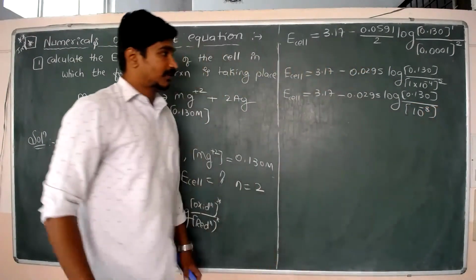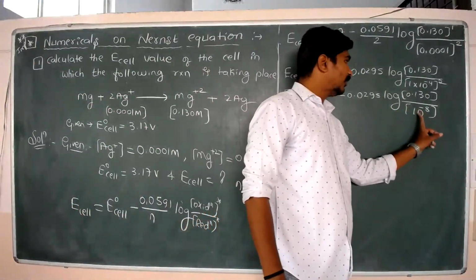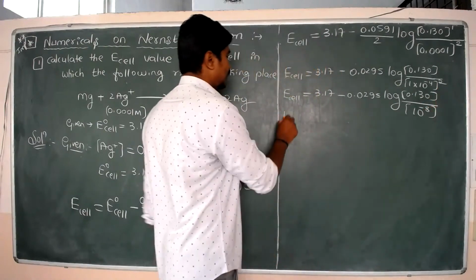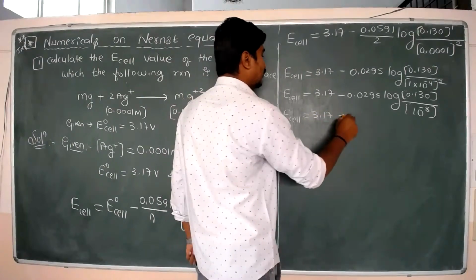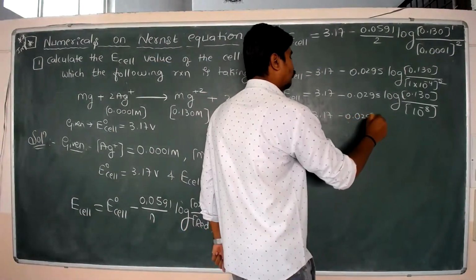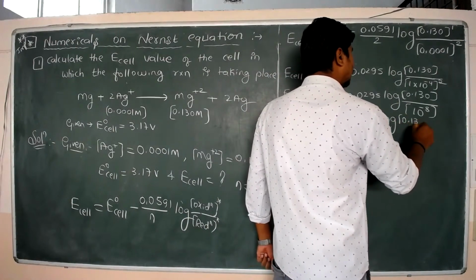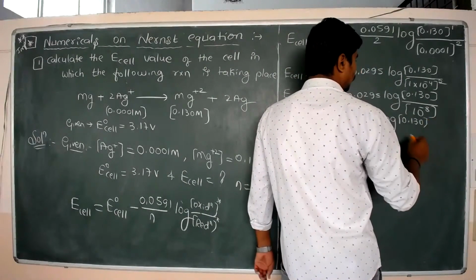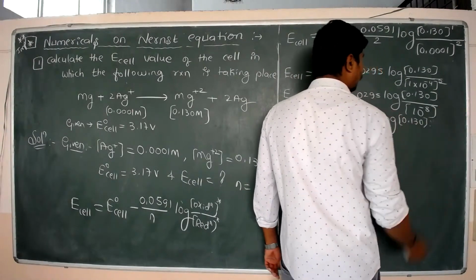Right? Now, next step, I am taking this denominator to the numerator. This minus 8 will become plus 8. This is equal to 3.17 minus 0.0295 log of 0.130 into, just use the formula.